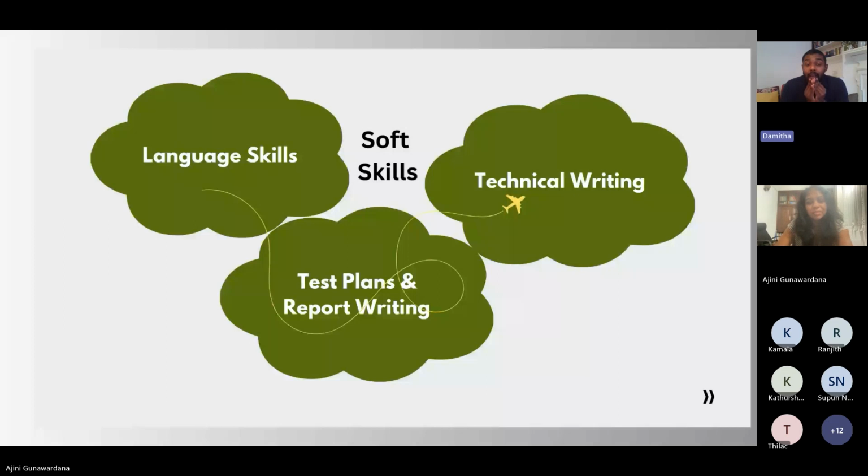Language skills, yeah. You need to be good with your English, because aviation, no matter where you are, is done in English. English is the global language for aerospace.